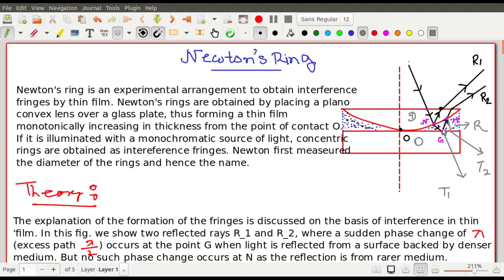So again when it travels from G to H, at the point H there is again a reflection from the denser medium. From G to H again there is a reflection from the denser medium. So what happens? Two reflections from the denser medium, so there are two reflections from the denser medium, right?